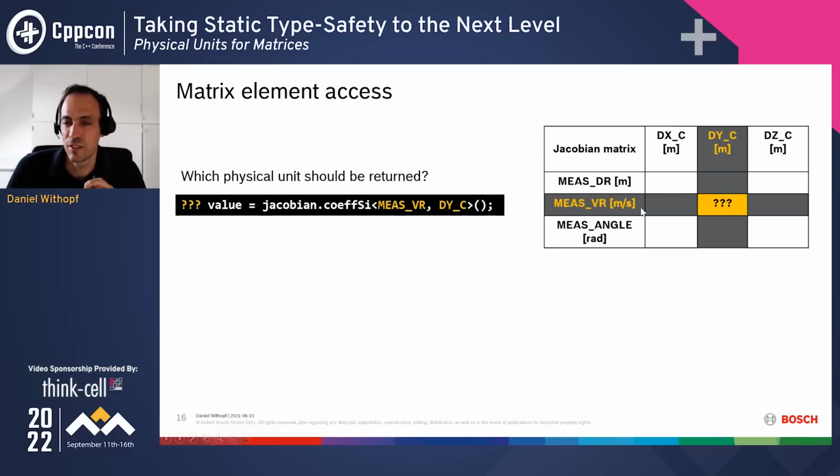So we're having a derivative, and you might know from math that derivatives can be approximated with a finite difference quotient. So we're dividing when we're calculating a derivative. This means that in this case, we simply have to divide the 2 entries here. So we divide meters per second by meters. So the meter falls out, and we end up with 1 divided by second as a unit for this entry.